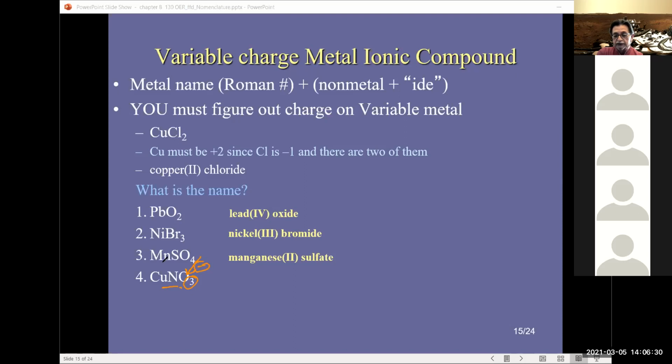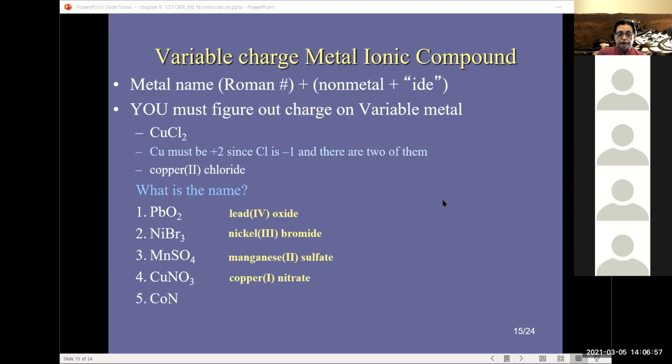That suggests that copper has to be a +1. So I'm using copper 1 nitrate, not nitrogen trioxide, but nitrate. It has its own specific name.